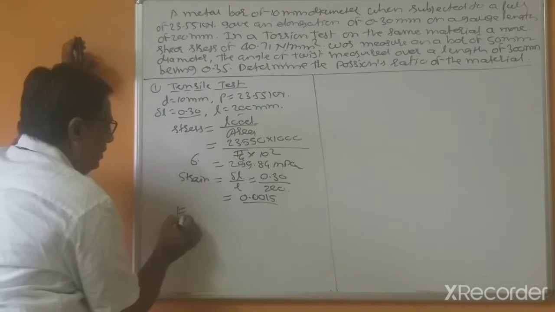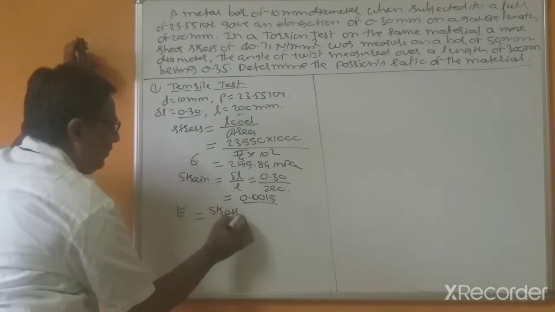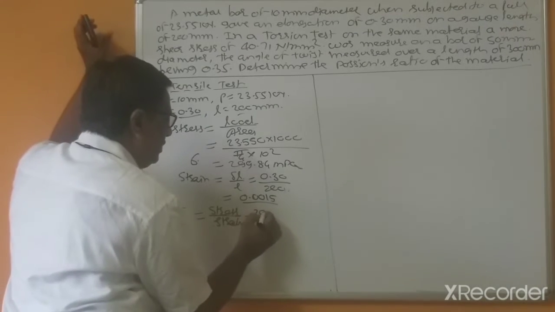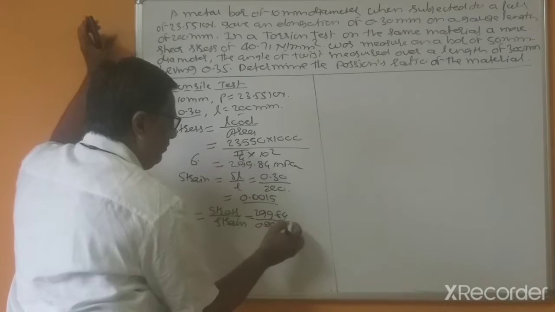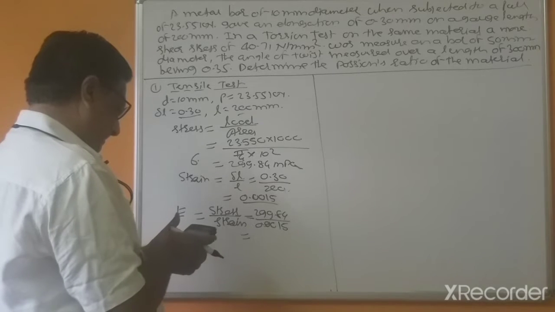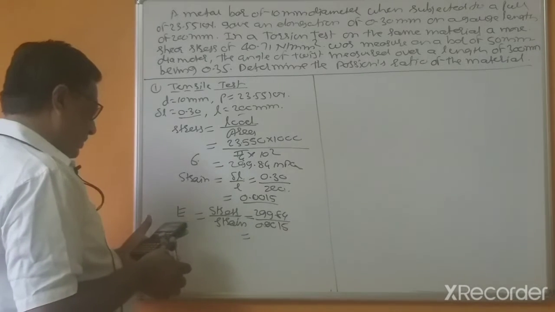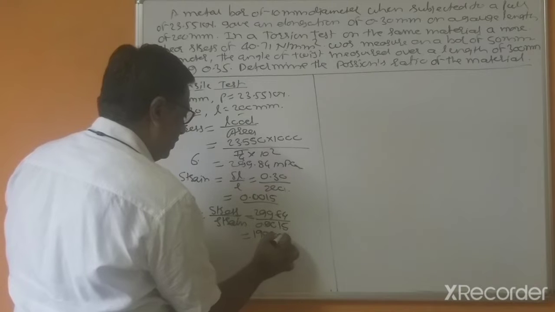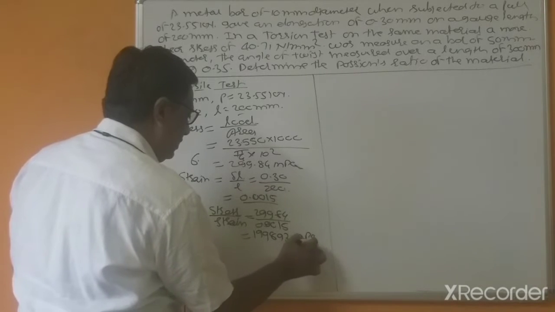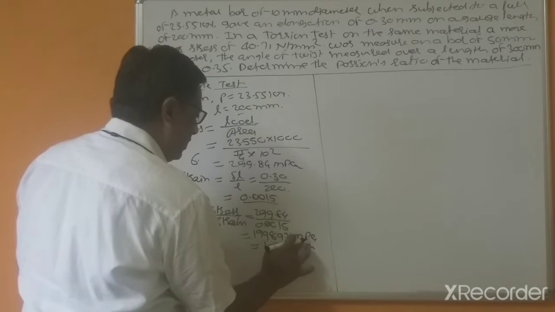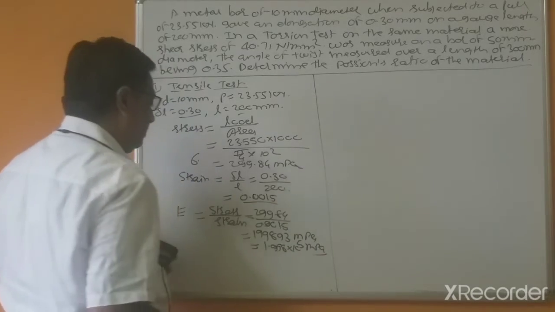Now E equals stress divided by strain, so 299.84 divided by 0.0015, so this is equal to 1.998 into 10 to the power 5 megapascal.